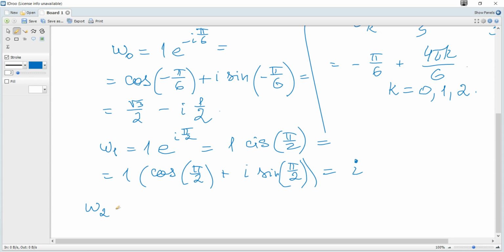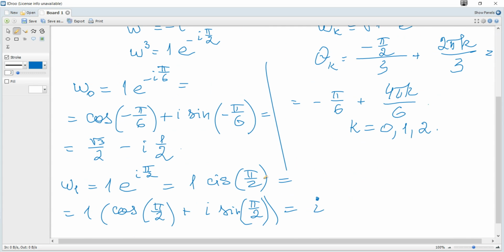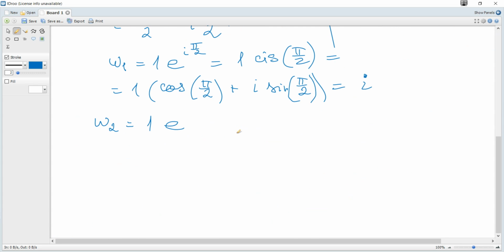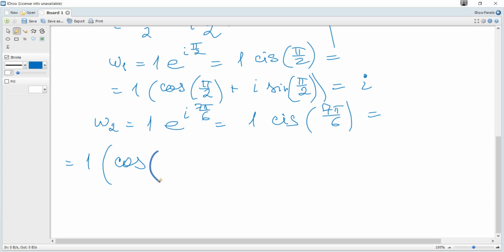And W2, it's 1 e to the power of what? 8 minus 1, 7 i pi over 6, and it becomes 1 cis 7 pi over 6, or 1 cosine 7 pi over 6. To calculate it we know that we can add or subtract any number of 2 pi, but it's not suitable here.